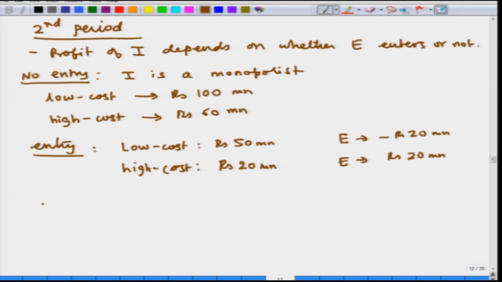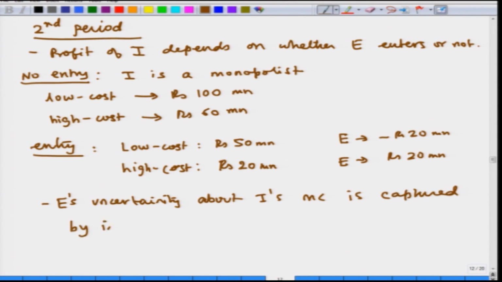So, E's uncertainty, so the entrant's uncertainty about I's marginal cost is captured by introducing the player nature who moves first, right. So, who moves first?